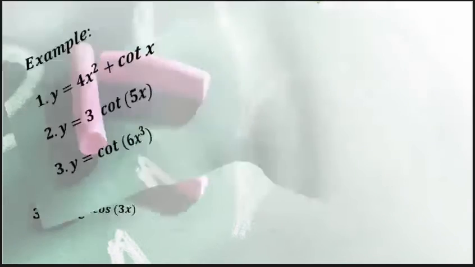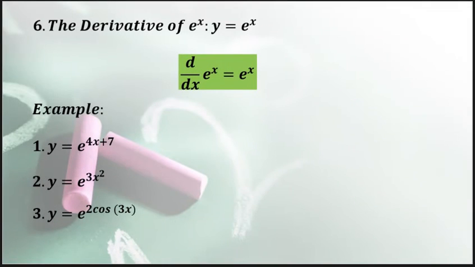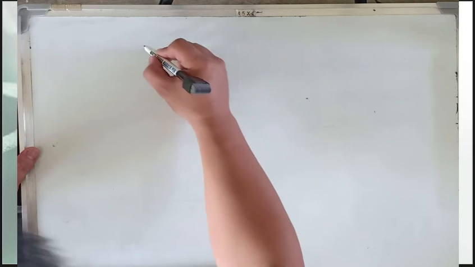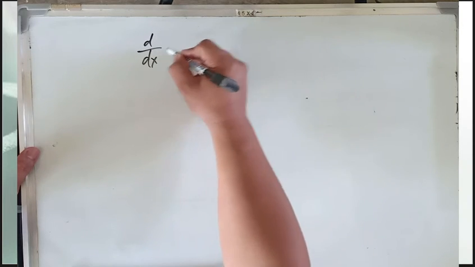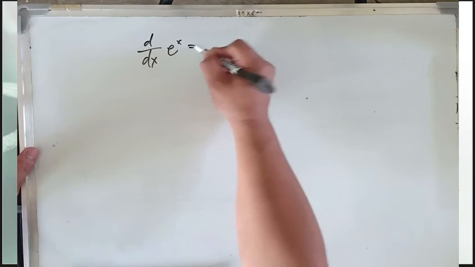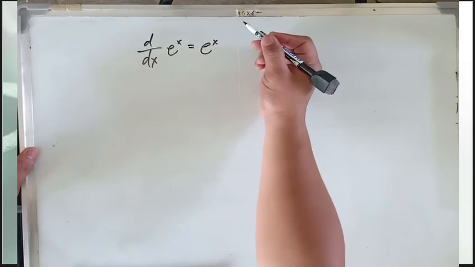Now let's proceed to the derivative of e raised to the x power. Sorry. So the derivative of y is equal to e raised to x. The derivative of e raised to x is equal to e raised to x. Now let's have the first example.